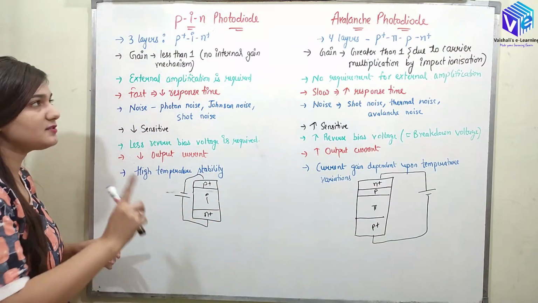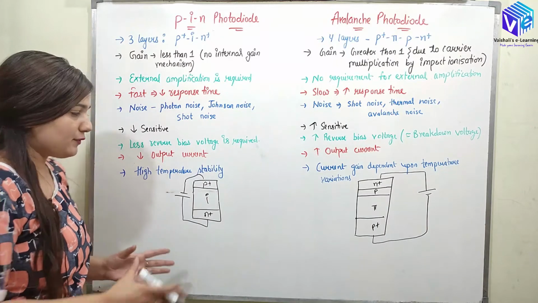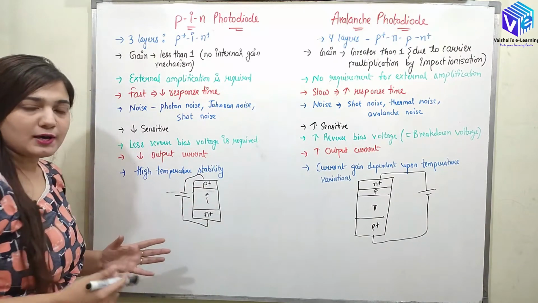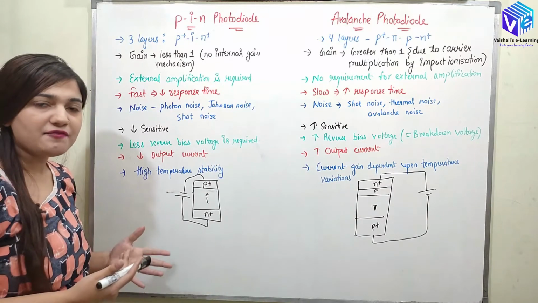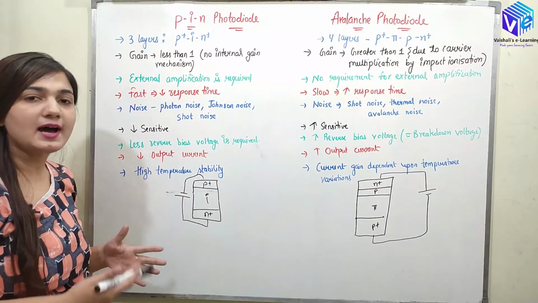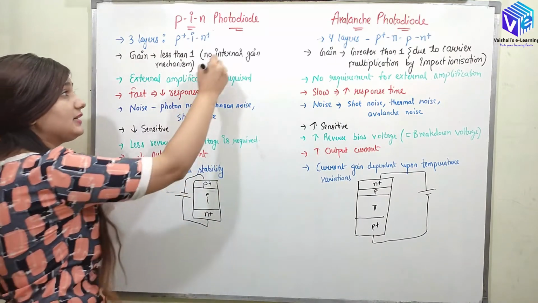This is the first difference between the two. Now coming to the gain. As I already told you, in this PIN photodiode we had various advantages like high efficiency, low noise, higher bandwidth, but there is a problem that we are not getting any internal gain.